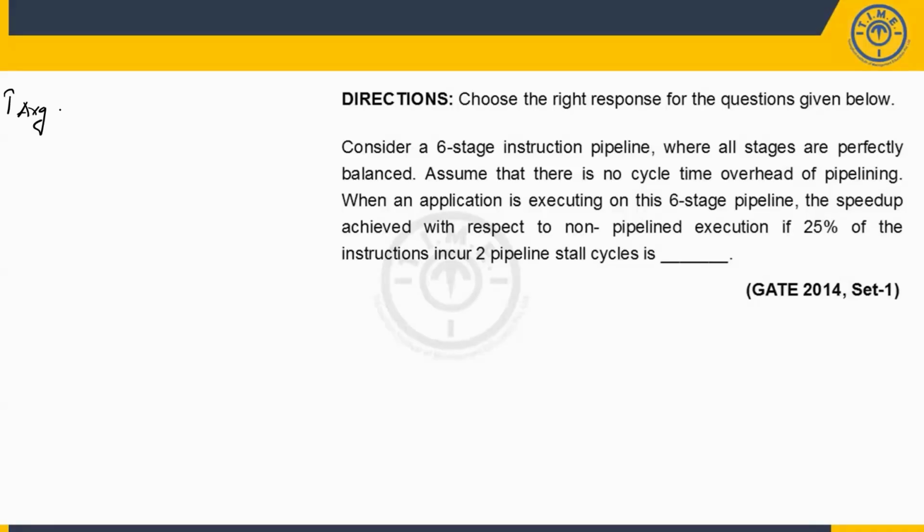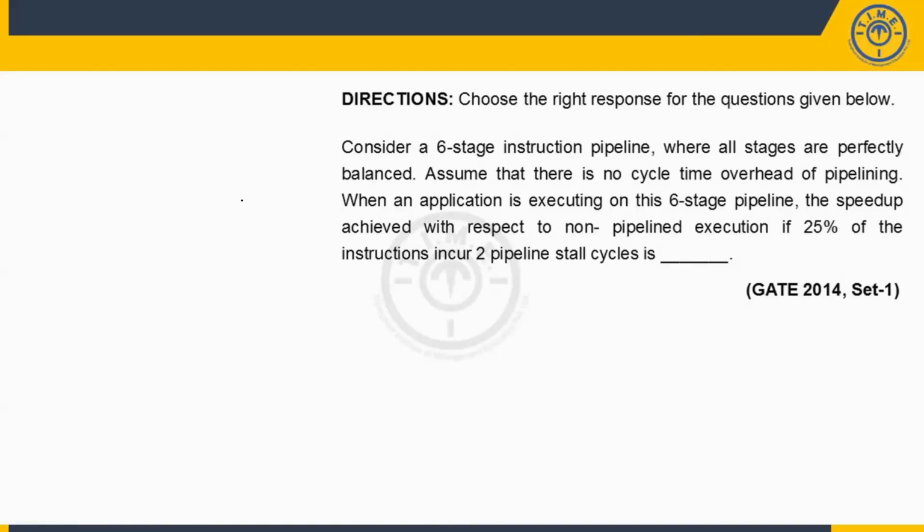T average with stalls is equal to 1 plus R into S into TP. What is the rate of instructions? Rate of instructions is 0.25. And two pipeline stalls. TP is equal to only 1, right? Anyhow, I'll explain.